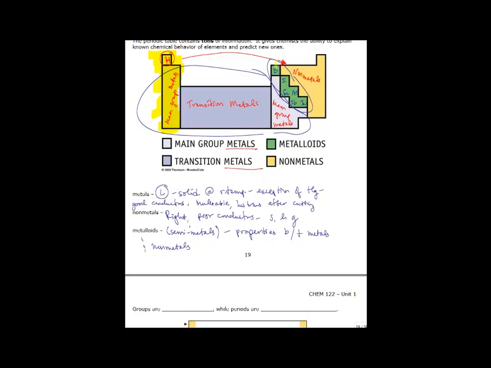So this is the main group. So this area here, the transition metals are not a part of the main group.